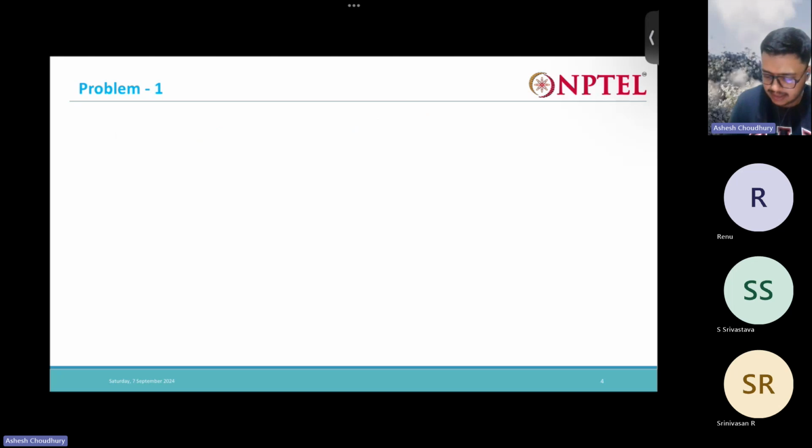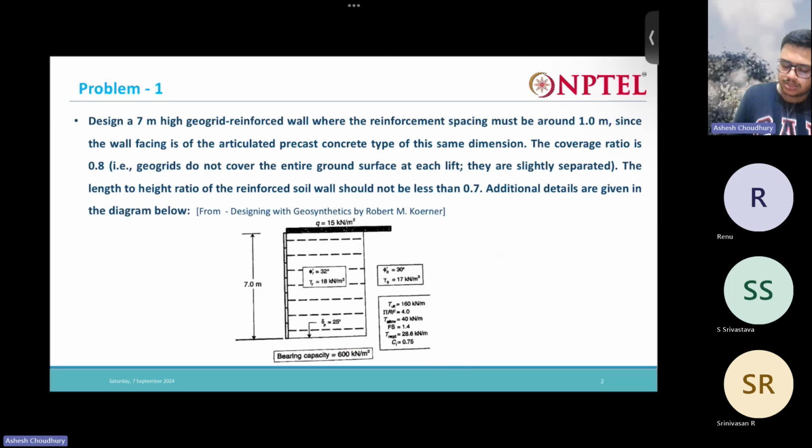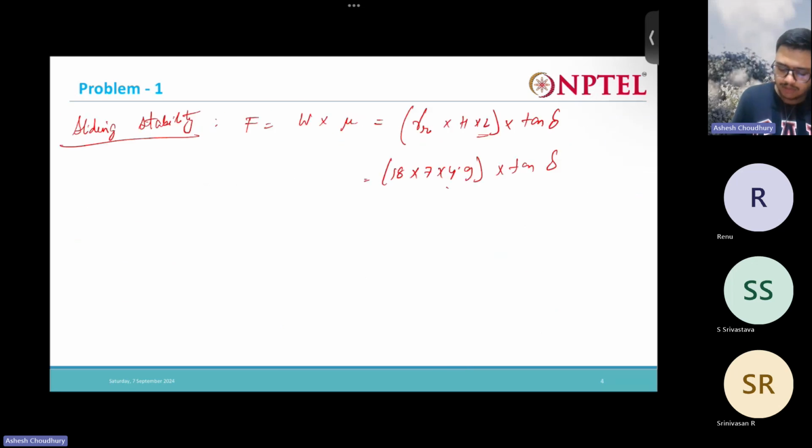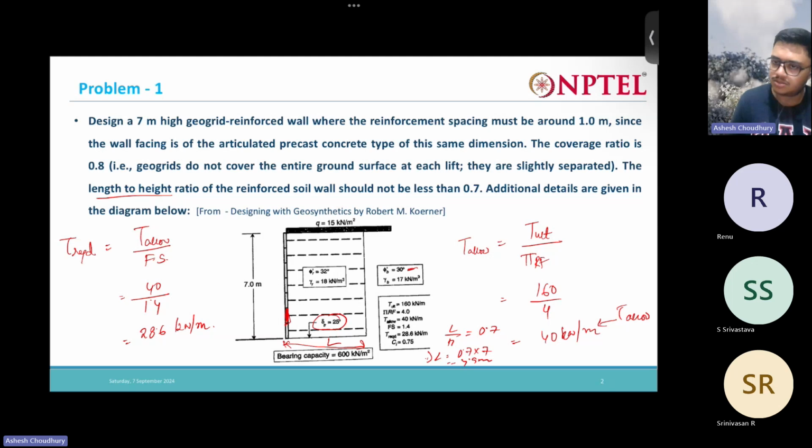This is L. It is told that the length to height ratio should be minimum 0.7, so you take 0.7 times 7, that is 4.9 meters. So this comes out as 617.4 tan 25, approximately 288 kilonewton per meter. This 25 friction angle is also given to us.